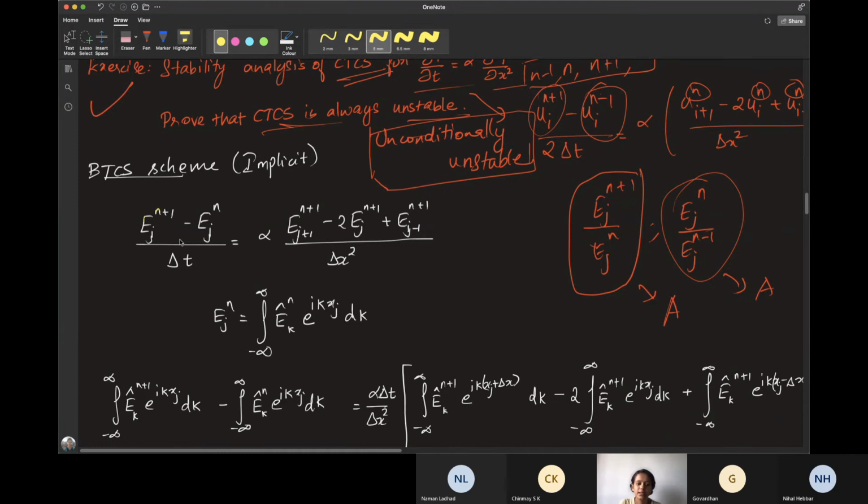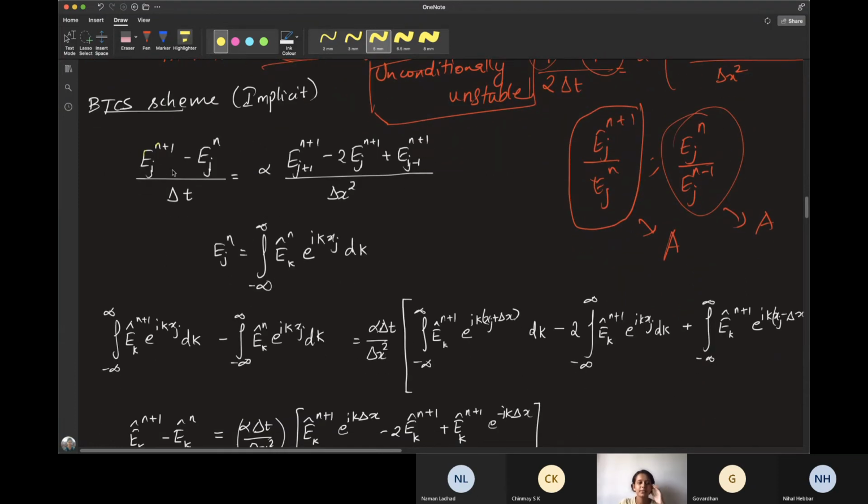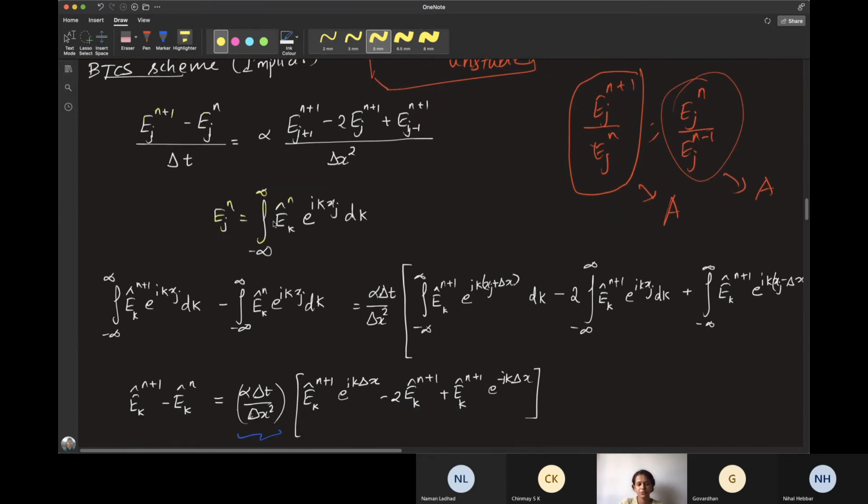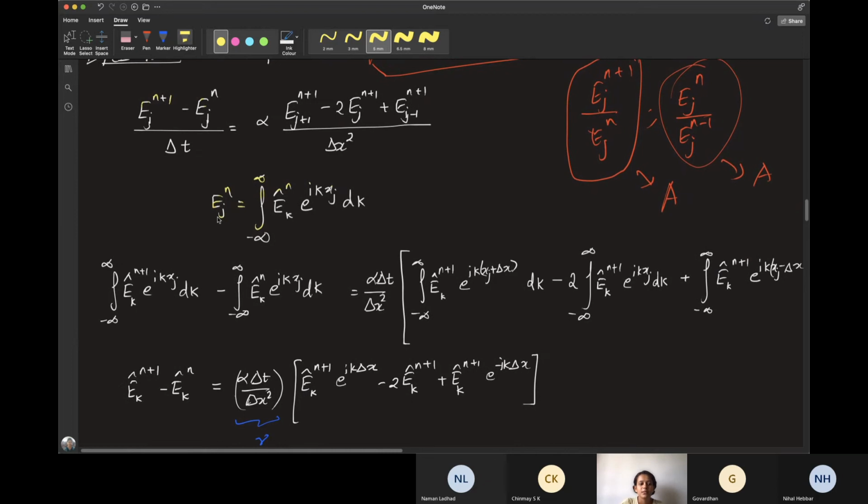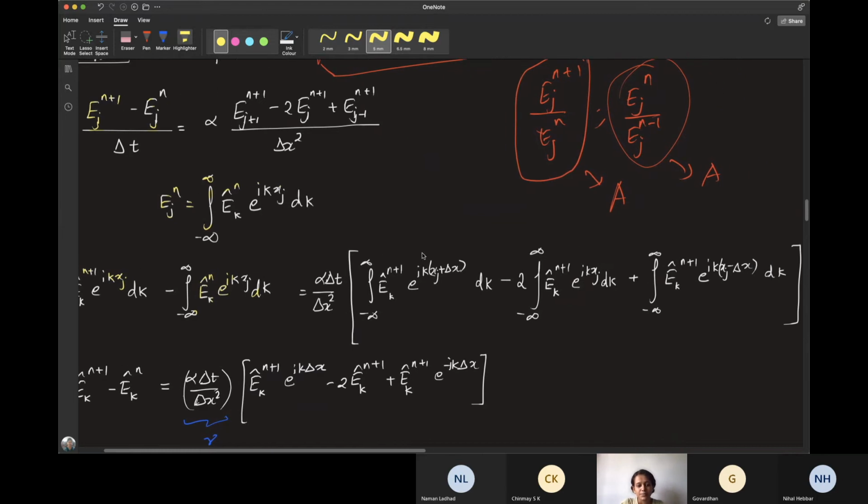So this is our error at different time steps. Here we have n plus 1 and n. Here again I'm doing this Fourier transform and replacing each of these terms by its Fourier transform. So this will be n plus 1, e power ik xj. Since this is at xj, it will be just xj only. This is e cap n, e power ik xj.